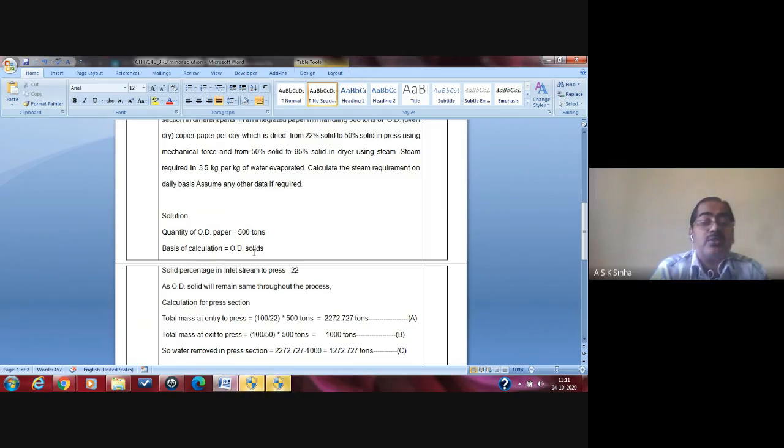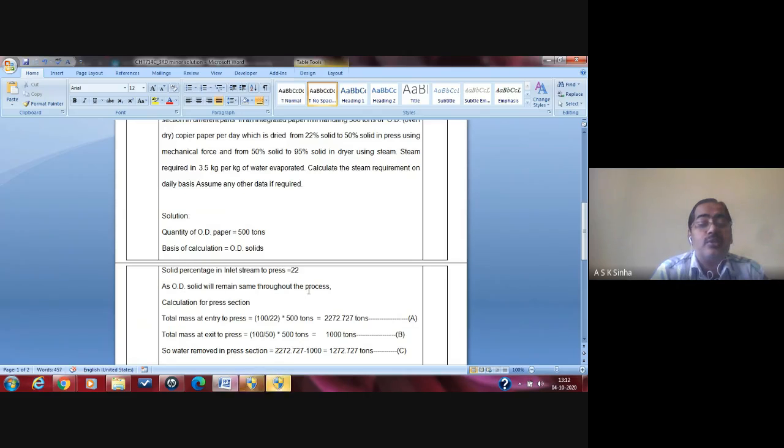So the solid percentage can be calculated here. The solid percentage in the inlet stream to the press is given as 22%. That means when the paper is entering the press section, it has 22% solid. The oven dry solid will remain the same throughout the process, because during the pressing action, we are only removing water.